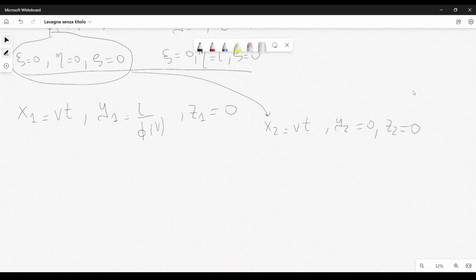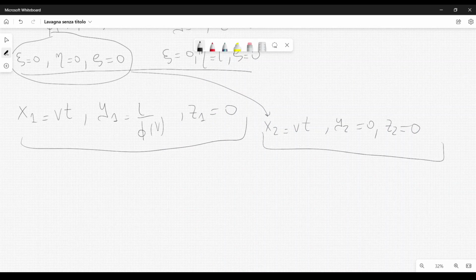From these 2 points, you get that the length of the rod measured in the system uppercase K is therefore L over phi of V.